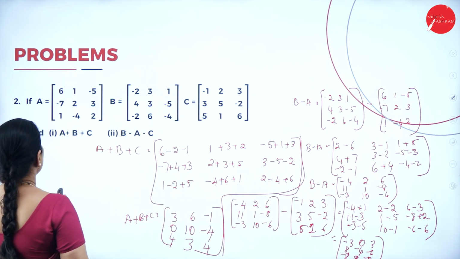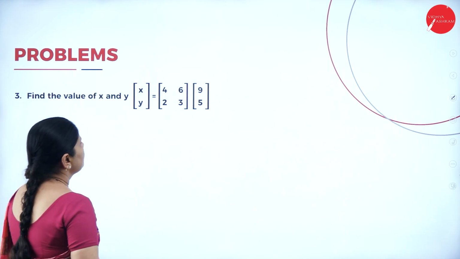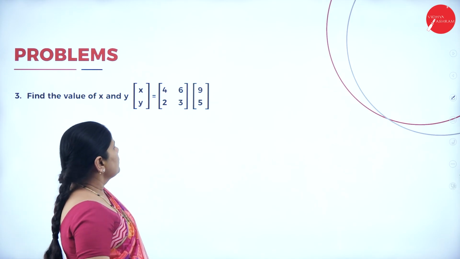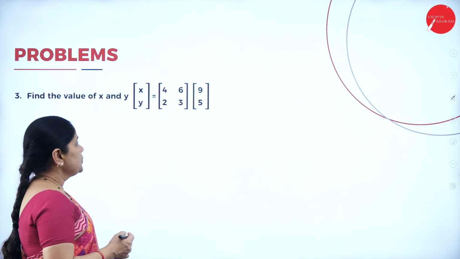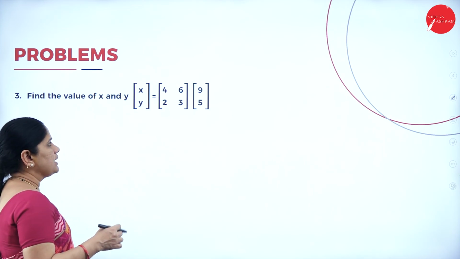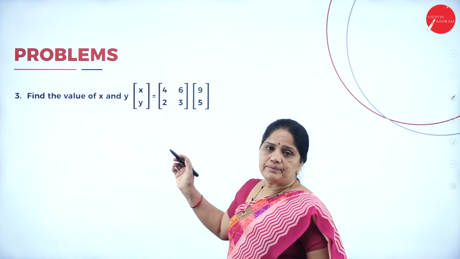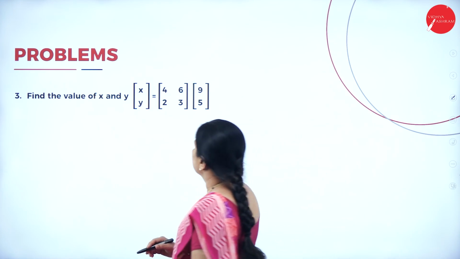Now the next problem, find the value of x and y. The matrix 4, 6, 2, 3 into 9 and 5. So we have a matrix multiplication problem here.